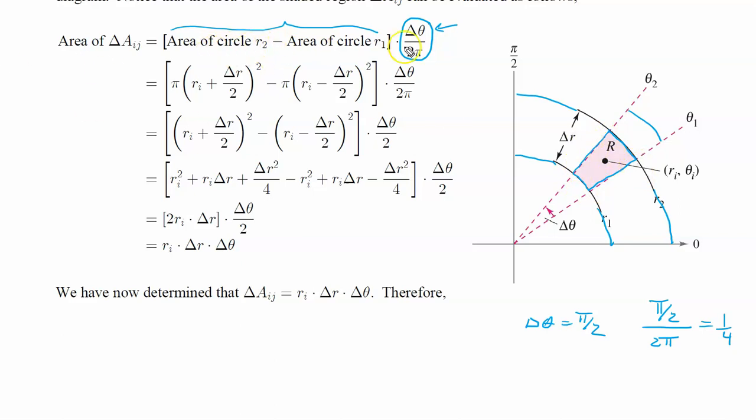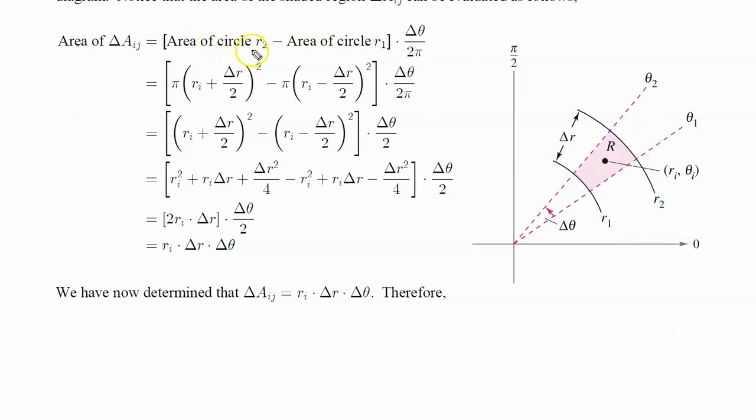Okay, now we need to figure out what this is. Now let's notice that the radius R2 can be written like this. The distance R2 goes from here out to here, and that can be written as this distance from the origin to here, which is R sub i, plus this little distance right here, which is half of delta R. So that distance is delta R over 2.